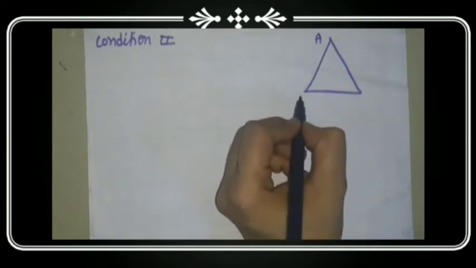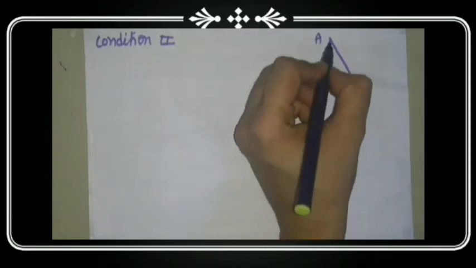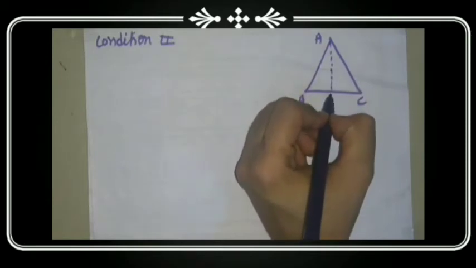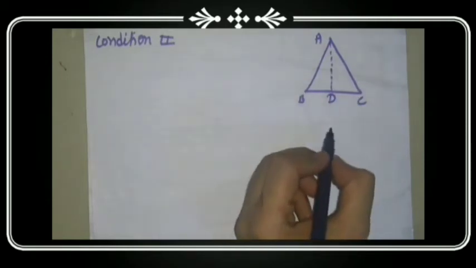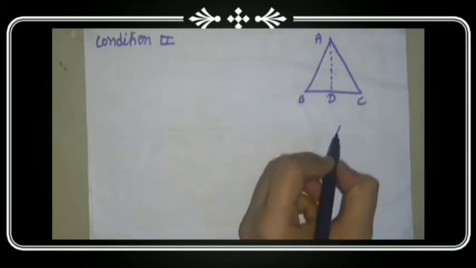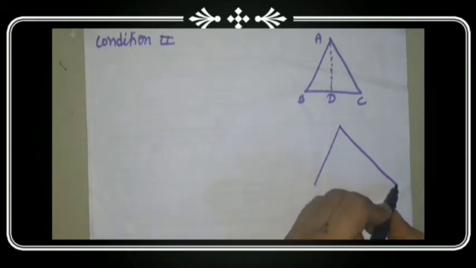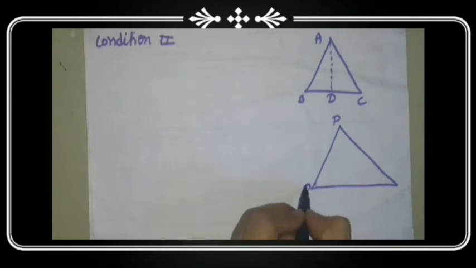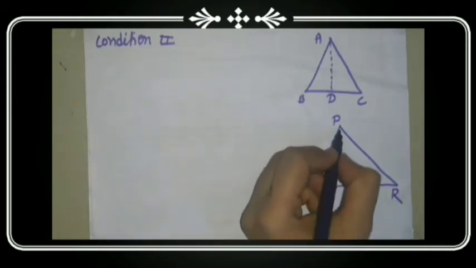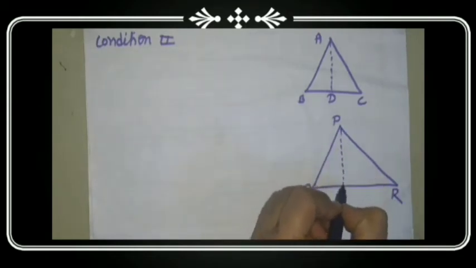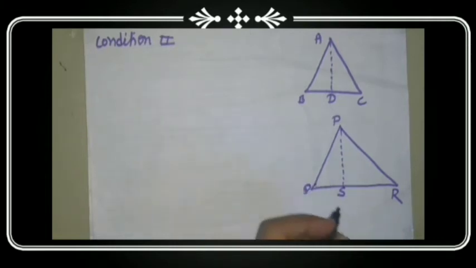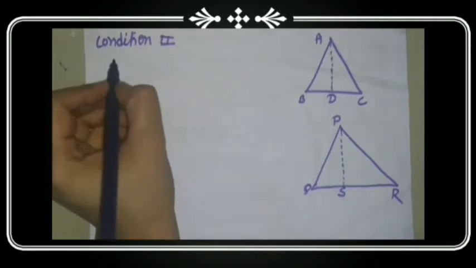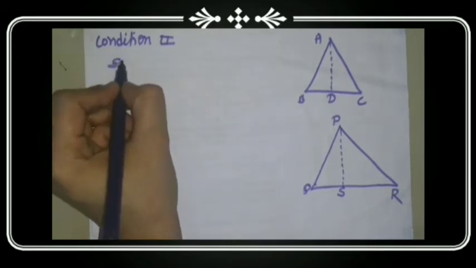In triangle ABC, AD is a perpendicular of BC and in triangle PQR, PS is a perpendicular of QR. Solution.